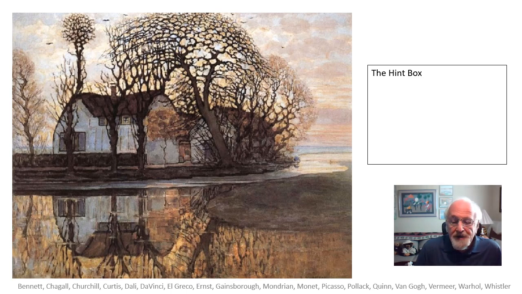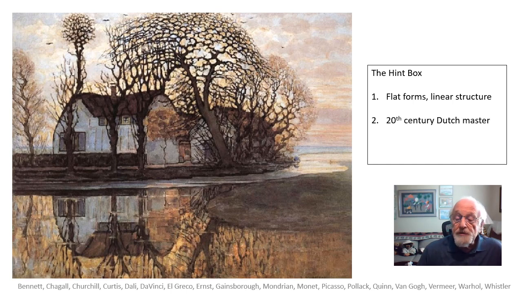This one might surprise you more. Note the flat forms and the linear structure of the painting. These straight line trees, the rectangular bank, etc. It was done by a 20th century Dutch master who was noted for non-representational painting.